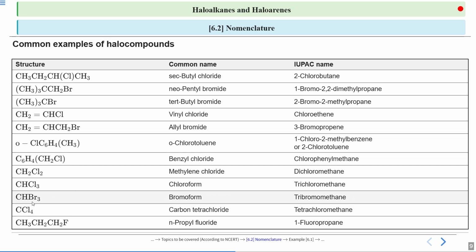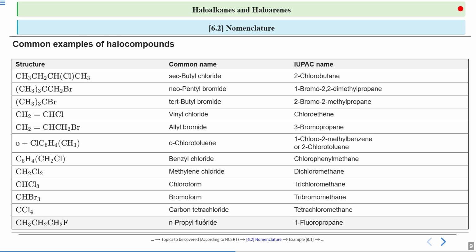Then comes CCl4. The common name of this is carbon tetrachloride, because we have four chlorines connected to the carbon. So carbon tetrachloride, and the IUPAC name will be tetrachloromethane, because only one carbon is present. Then CH3CH2CH2F.